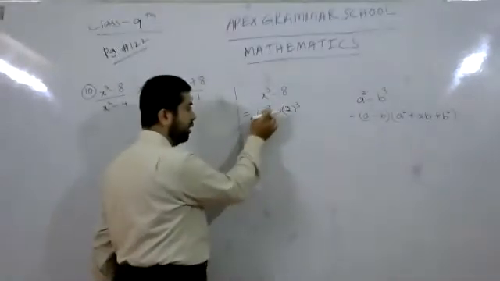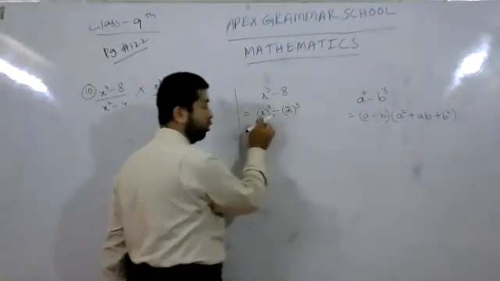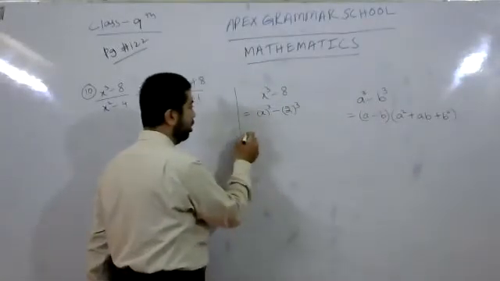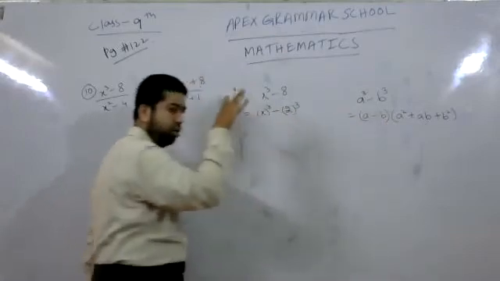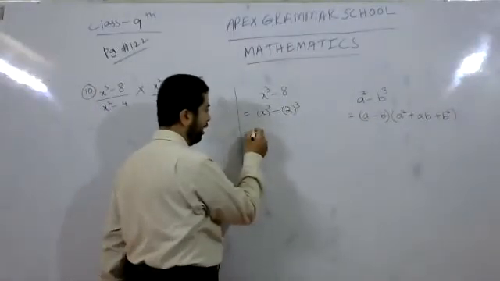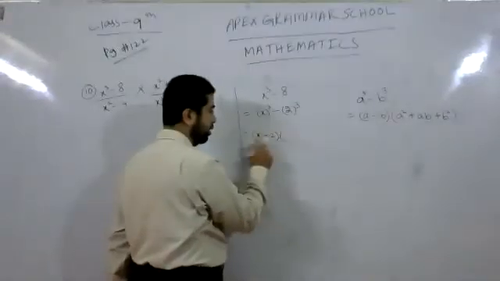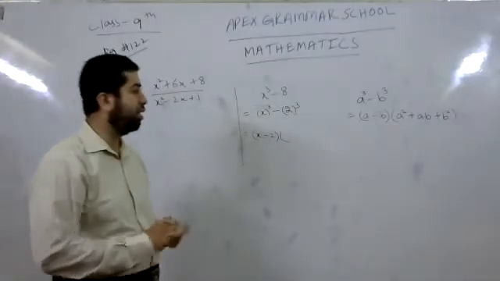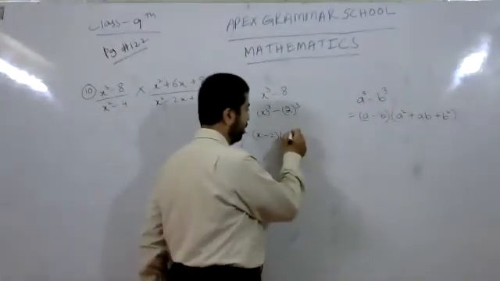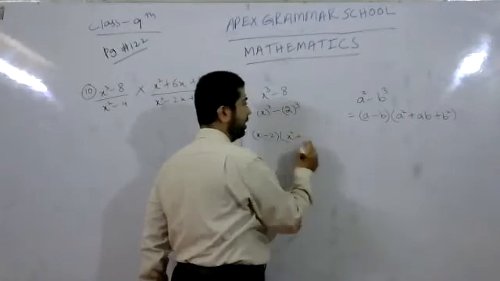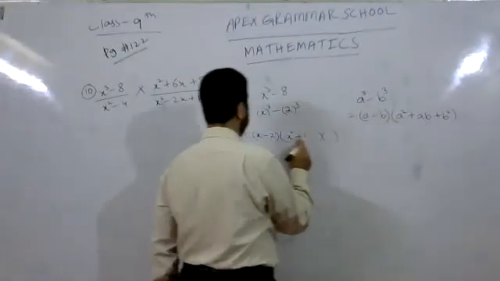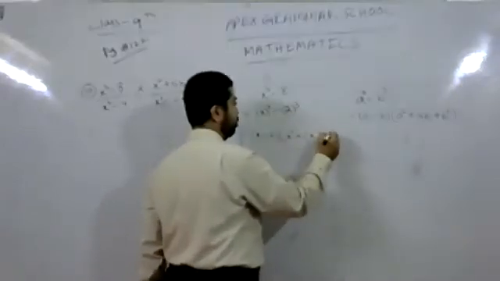Beneath this cube this is a, so the value of a is x. Beneath this cube this is b, the value of b is 2. So according to this situation, you can open this formula. That is a minus b, so you need to write x minus 2. After that, we need to apply a square, so x square. After that, plus sign, a multiplied by b, a is x and b is 2.